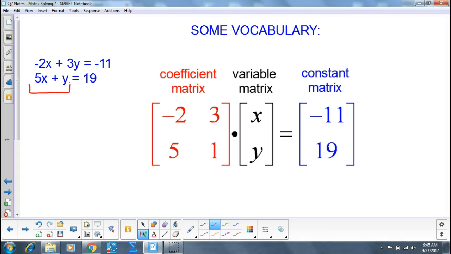My third matrix is going to be the constant matrix. Now, if I were to do this math, row times column, negative 2 times x is negative 2x, 3 times y is 3y, I get negative 2x plus 3y. I get the left side of my system. 5x plus y, left side of my second equation. Okay? So it all works out in there.